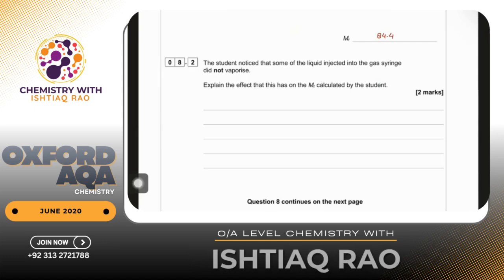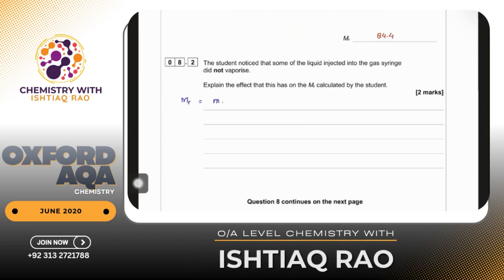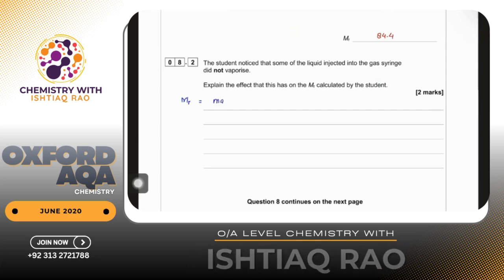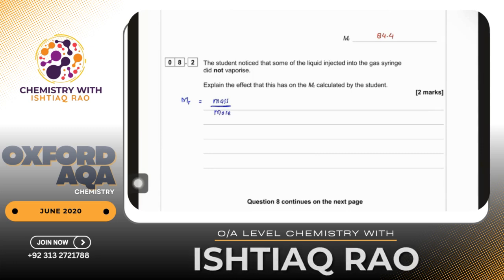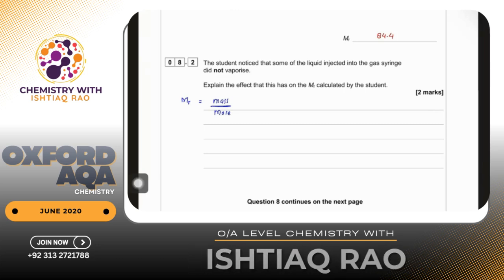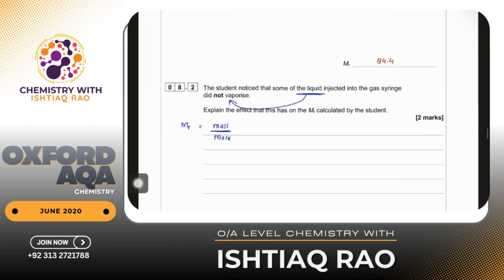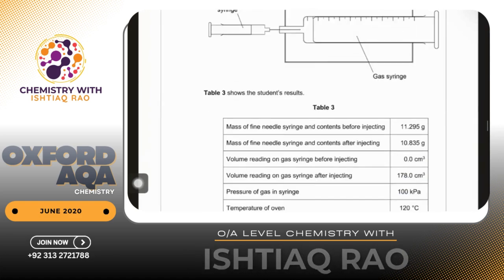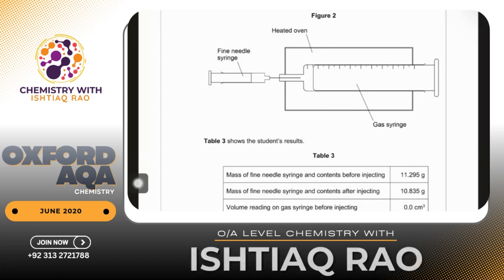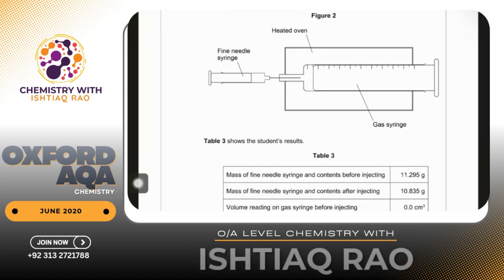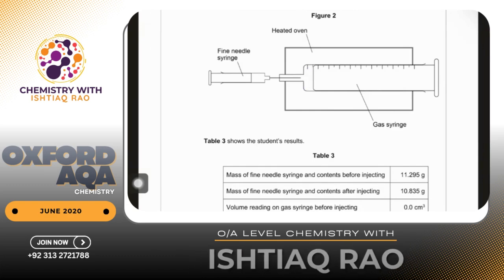So since we know that MR is equal to mass over mole, if the liquid did not vaporize yet, it means that in a gas syringe we will be collecting a lesser amount of volume.